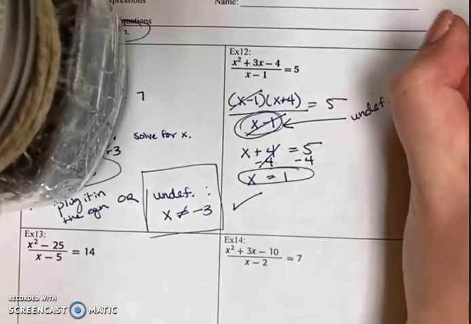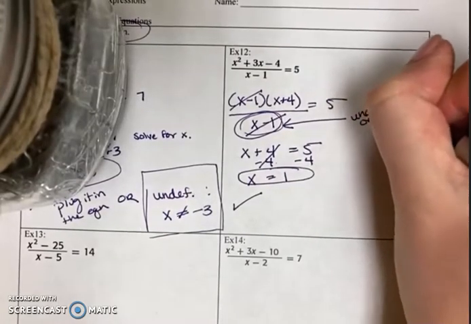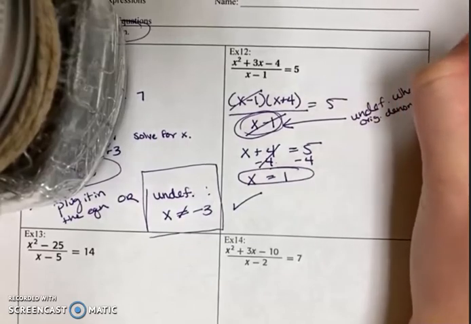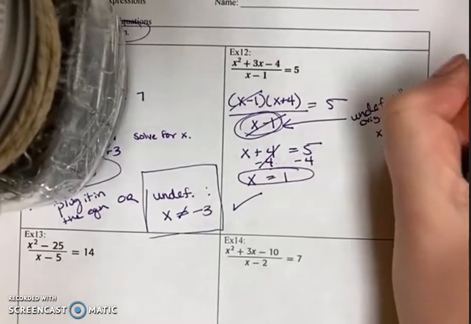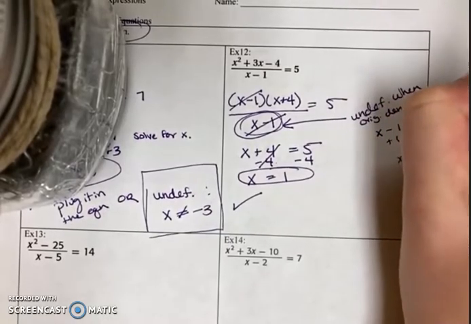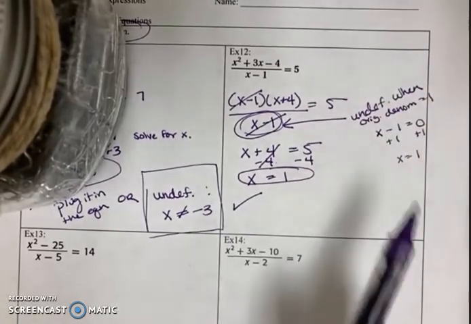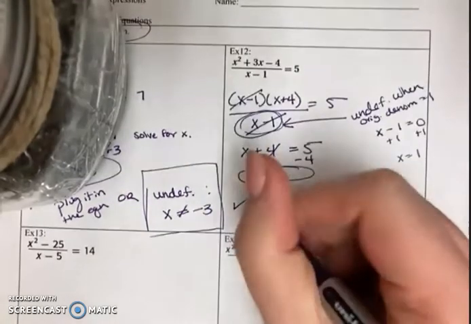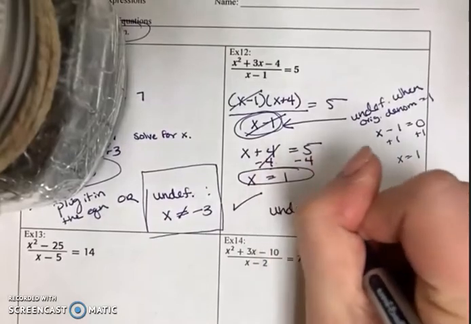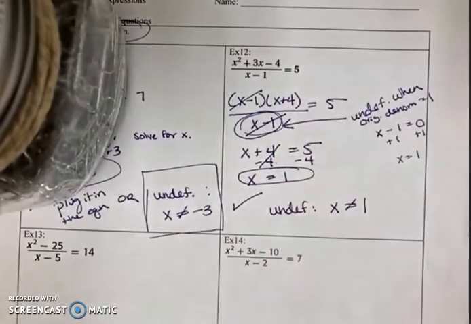So I'm going to set x minus 1 equal to 0 and solve. That means it is undefined when x equals 1. So x cannot equal 1.